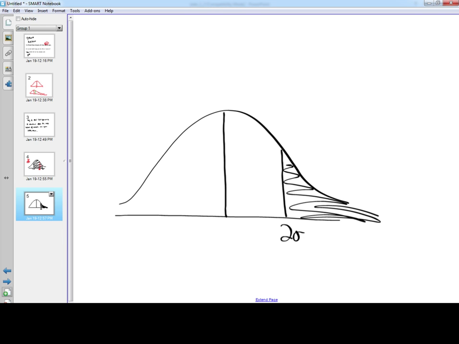You don't have the numbers down? 46%? From above 2 deviations? Oh, wait, no. We kind of did the opposite of this, didn't we? A minute ago? 2 minutes ago? 5 minutes ago?